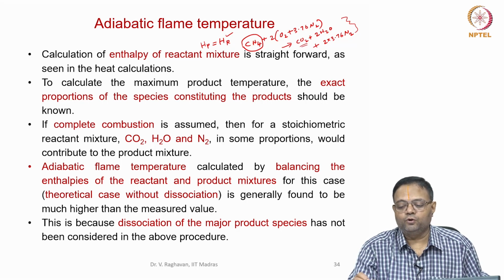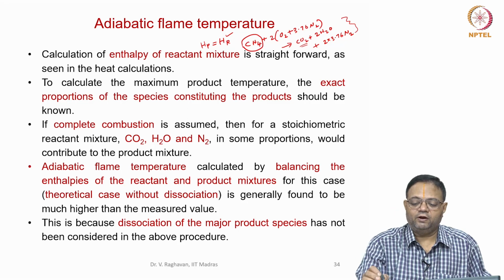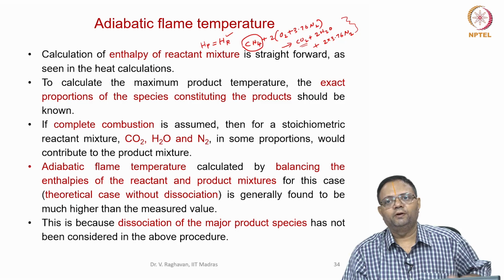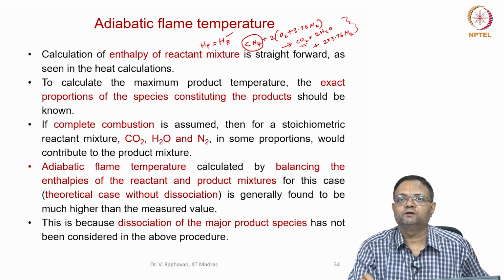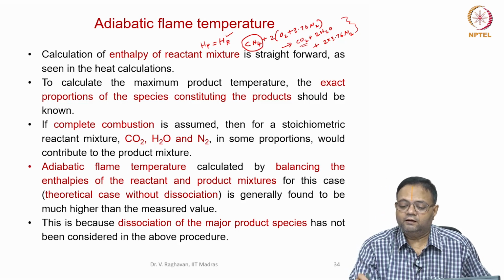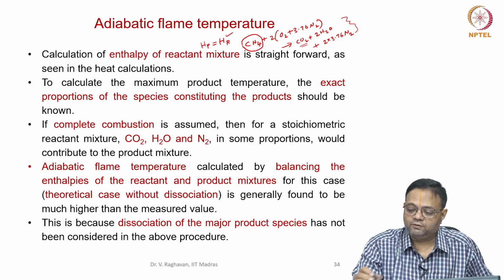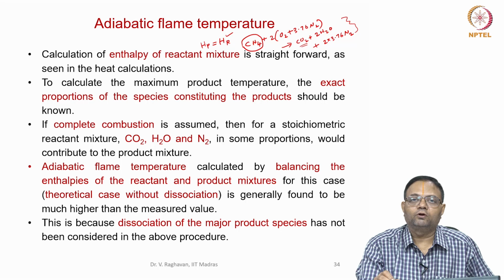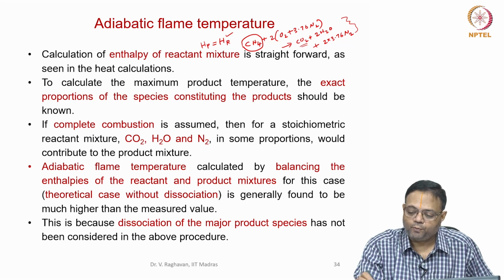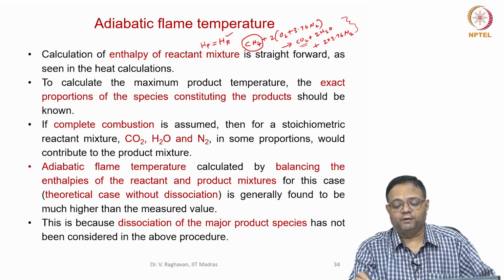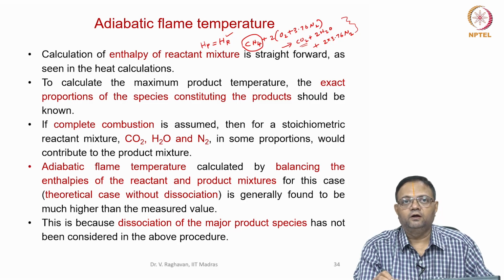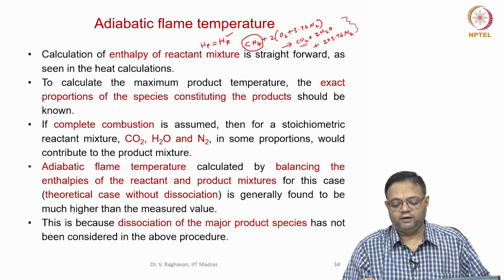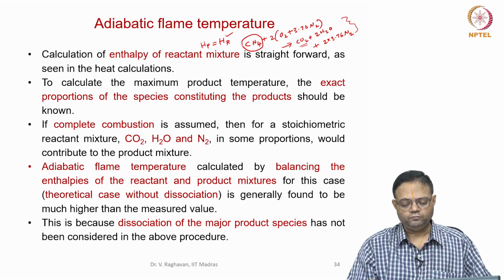In that scenario, the adiabatic flame temperature calculation still has some iterations to be done. I have to assume a temperature for the products, calculate Hp based upon the composition which you have fixed, equate it to Hr, and if the equation is satisfied, then that is the adiabatic flame temperature.